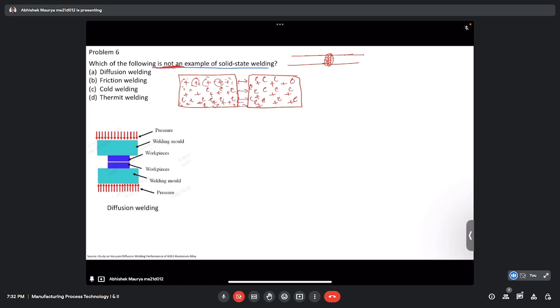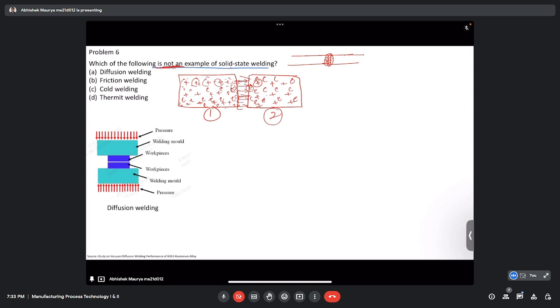If we bring them sufficiently close, then the electrons from block 1 will get attracted by the nucleus of block 2, and the electrons of block 2 will get attracted by the nucleus of block 1.